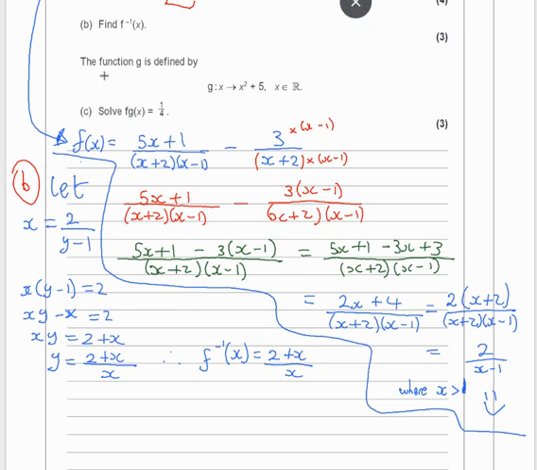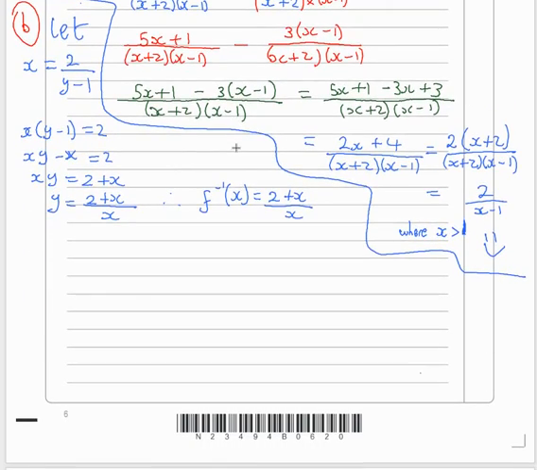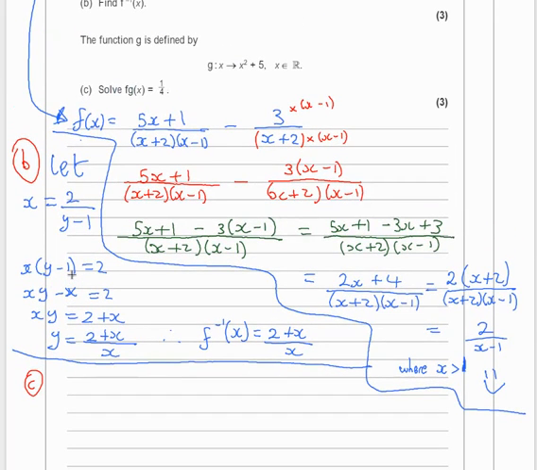Then the next part says the function g is defined by g of x equals x squared plus 5 for x is a real number. Solve f of g of x is equal to a quarter. Let's call that part C. So first of all, f of g of x.